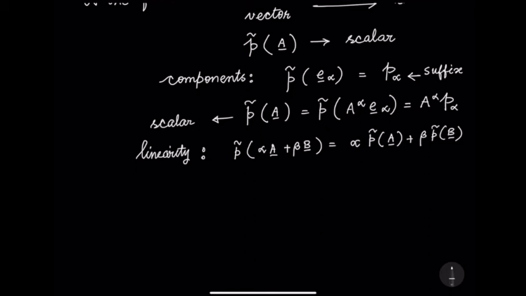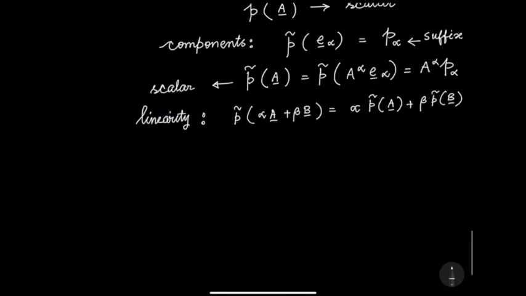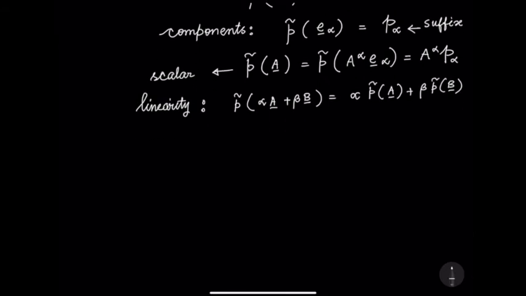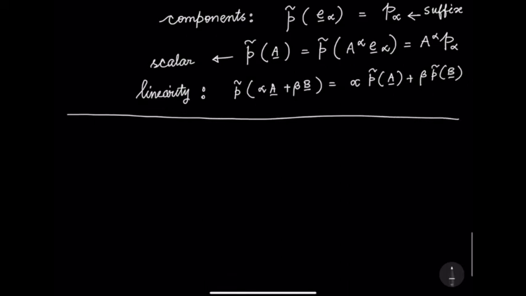Now, we have seen yesterday also the transformation properties. So let us come to the transformation properties of the vectors, unit vectors, and one forms. This is something which will be enormously interesting and useful for us. So let's come to transformation properties.